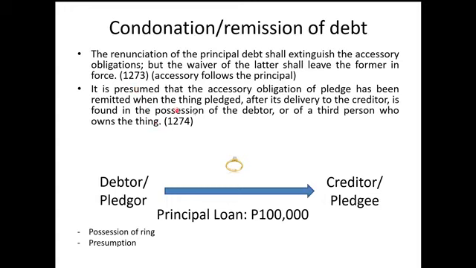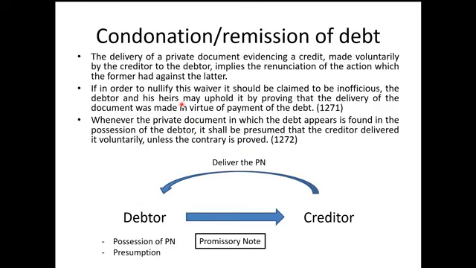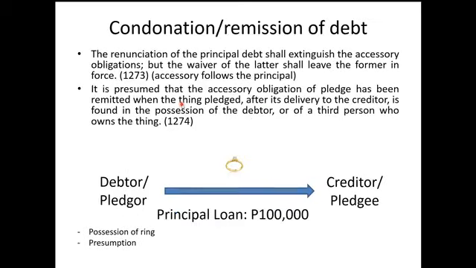Ngayon, itong Article 1274, ito yung tinatawag nating implied condonation of accessory. Kanina ang pinag-usapan natin dito, implied condonation of principal. Ito, implied condonation of accessory. O, example, debtor borrow from the creditor 100,000. Kaya may principal contract of loan na 100,000. Para i-secure yung loan, yung debtor, pledge niya kay creditor yung ring.